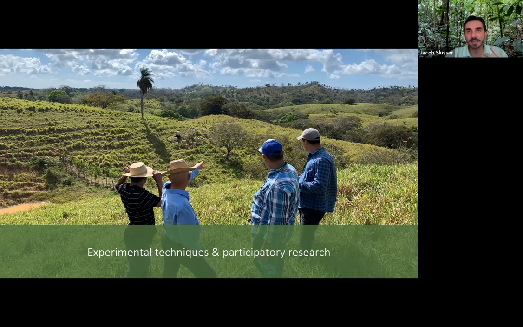And connecting students and researchers with farmers also helps to foster participatory research, where they assist farmers to monitor and analyze the results of different practices and provide useful information for more adaptive management.